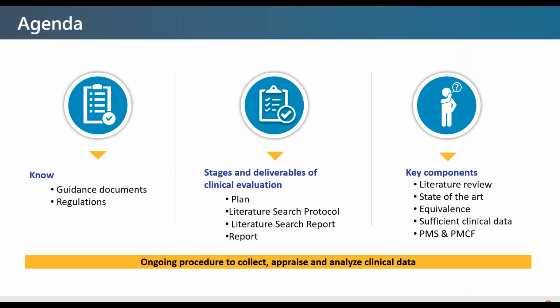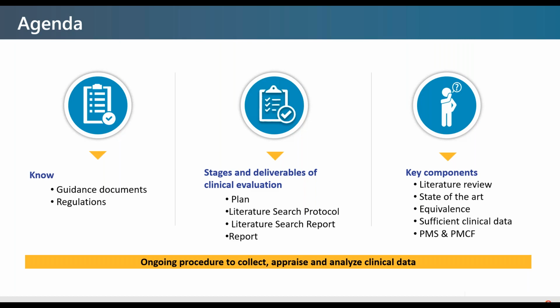So in order to know what's expected, we first will go through the applicable guidance and regulations, and I promise I'll do that quickly, as I'm sure many of you know them. And we'll then move into the stages of clinical evaluation, the expected documentation, including the clinical evaluation plan, the clinical evaluation report, and the literature protocol and literature report. And then finally, we'll wrap up with a high-level overview of those clinical evaluation key components, each of which I could probably do a webinar on by themselves.